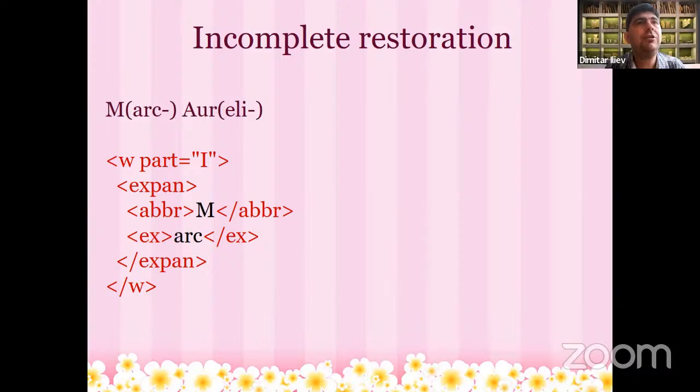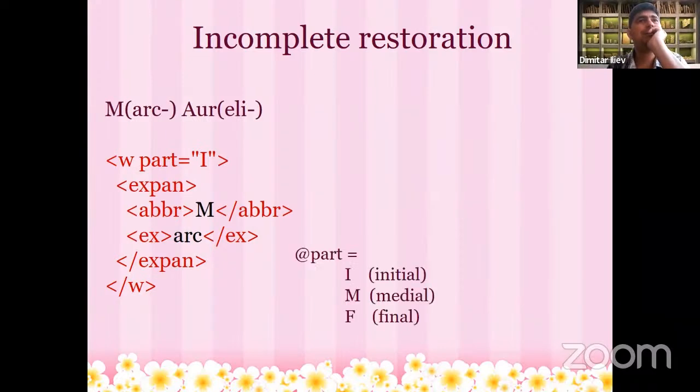You use the attribute part, which stands for exactly this. It indicates that this is the initial part of the word, Marc, of which the arc part is what we expand as an abbreviation. But this is only the initial part of the word. You can have the medial part of the word expanded or restored, or you can have the final part of the word expanded and restored.